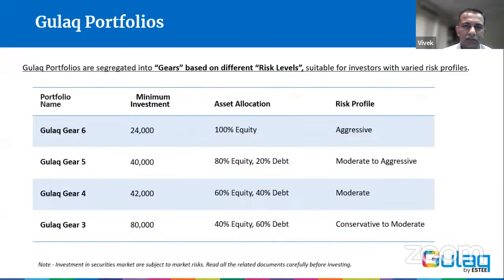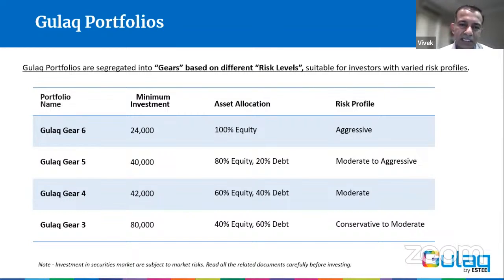Now, quickly taking you to the gear-based methodology. In gears, we believe that every investor should be investing according to his or her risk appetite. And that is why we have created these gear-based portfolios, in which Gear 6 and Gear 5 are meant for aggressive investors.